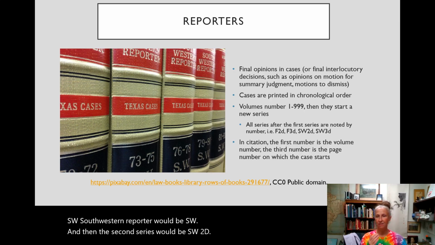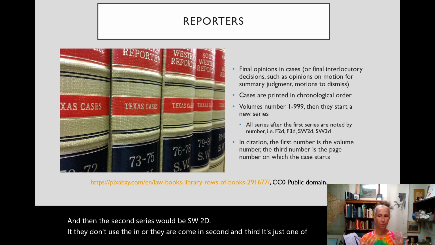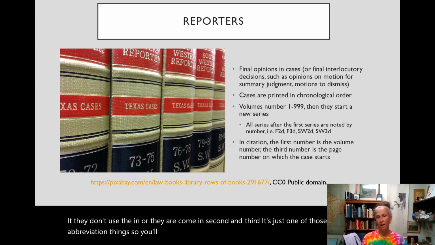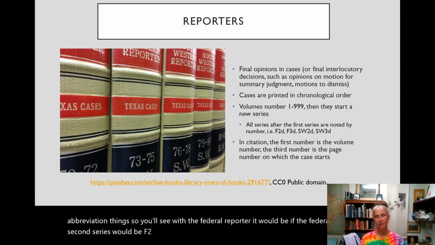They don't use the N or the R in second and third. It's just one of those legal abbreviation things. So you'll see with the Federal Reporter, it would be F. The Federal Reporter second series would be F2d, F3d, etc.